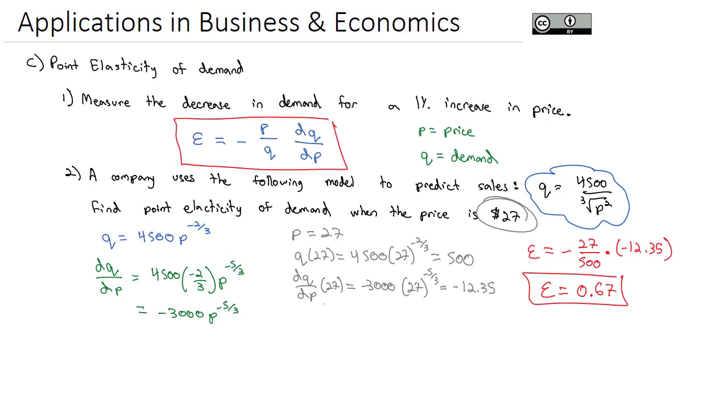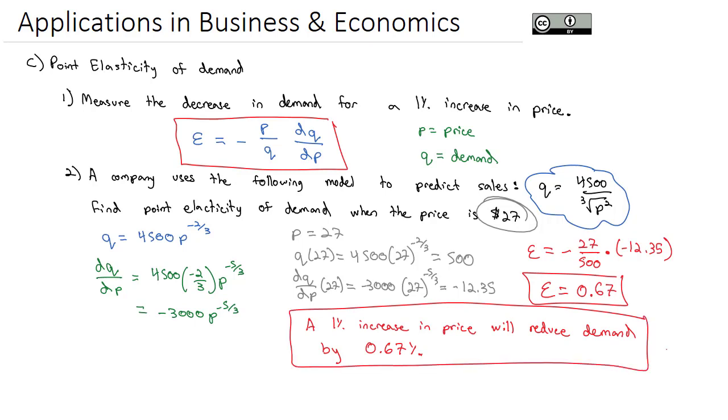In other words, a 1% increase in price will reduce demand by 0.67%. So it turns out that increasing our price by 1% has less than a 1% decrease in demand. So it's actually going to be beneficial for us to increase the price in this case.